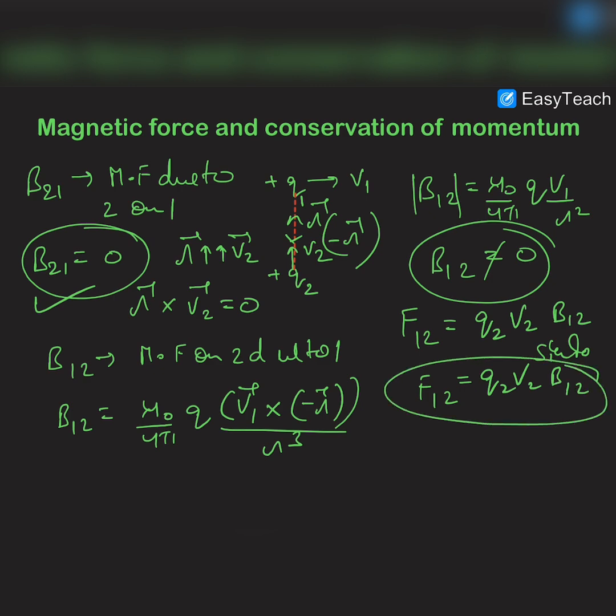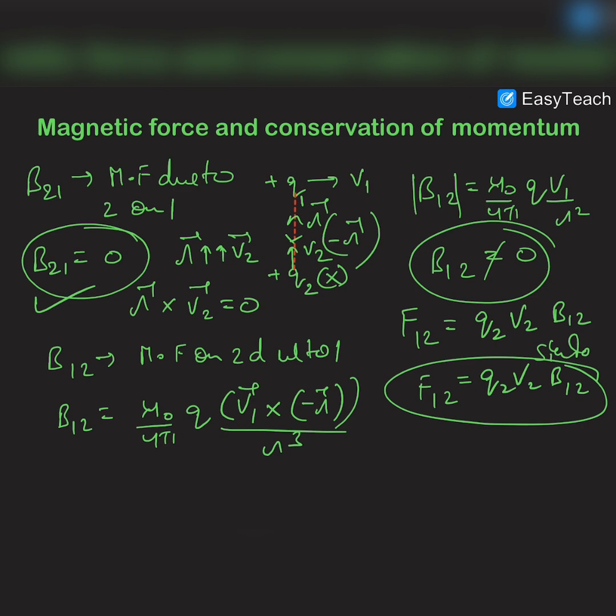Now the direction of this magnetic field, first of all, is inside the plane. The magnetic field is inside the plane on Q2 due to Q1, and the force acting on this charge Q2 due to this magnetic field will be calculated by Fleming's left hand rule.